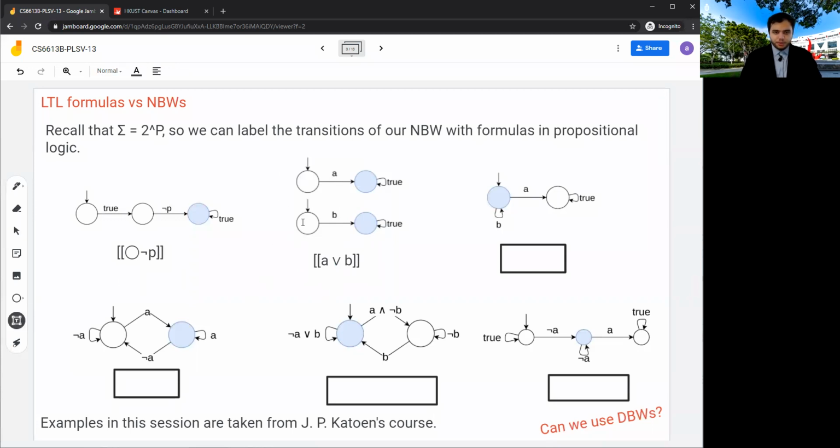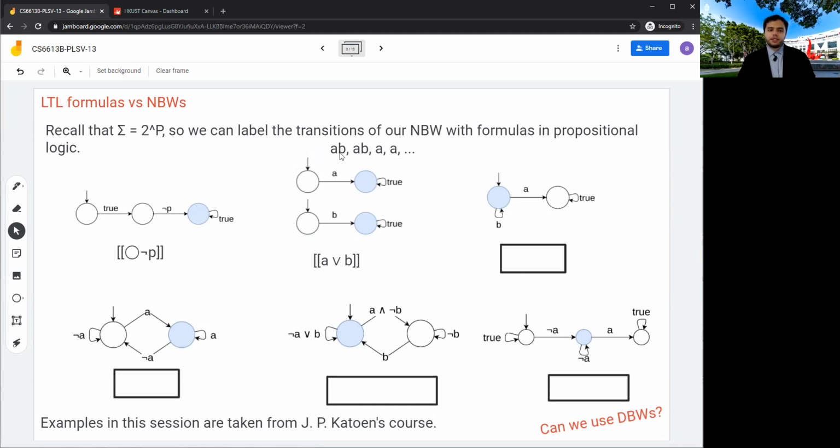Just to be more clear here, if I have something like A, B, A, and so on, this is accepted by this automaton. Because when I'm writing A here, it means that A is part of my first letter.